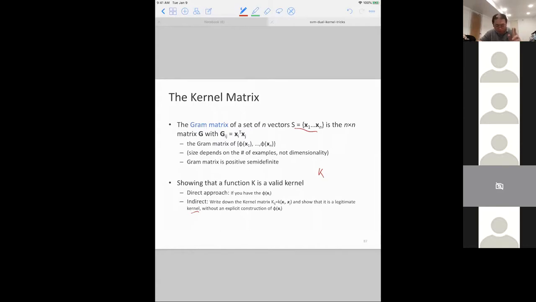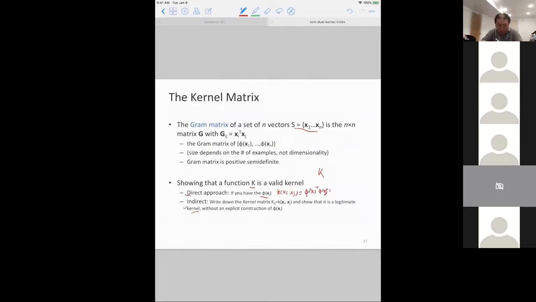So now to summarize, if you want to show a function K of two inputs is a valid kernel, you have two approaches. First is a direct approach: you find an explicit mapping, and you directly show that under this mapping, your kernel function is exactly phi(x_i) transpose phi(x_j).